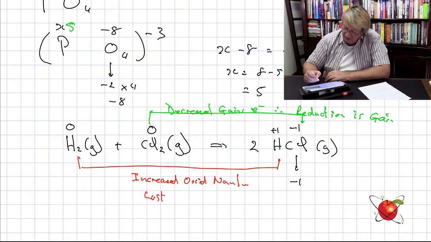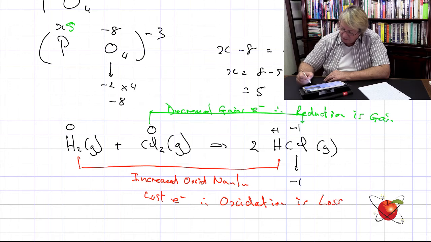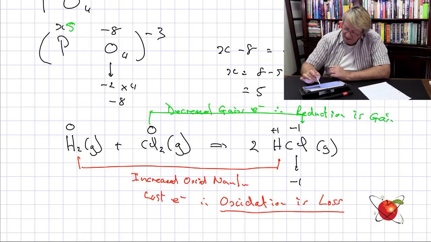So it's lost electrons. Therefore, oxidation is loss. Okay? Reduction is gain. Oxidation is loss. Key that we actually go through these processes and understand them.